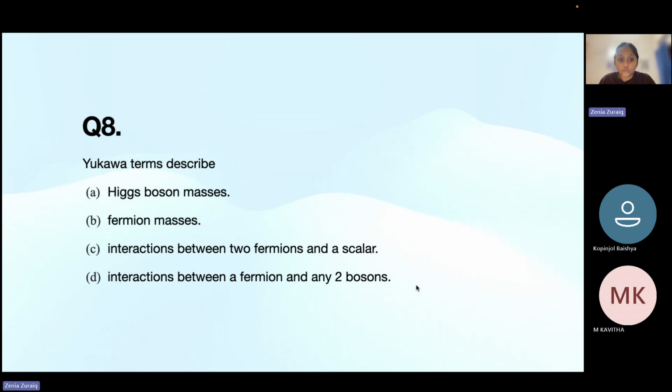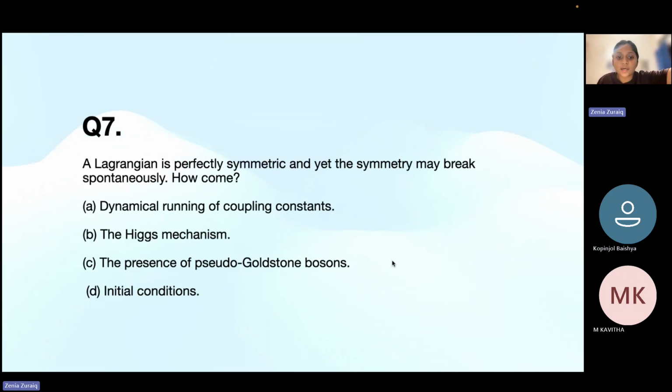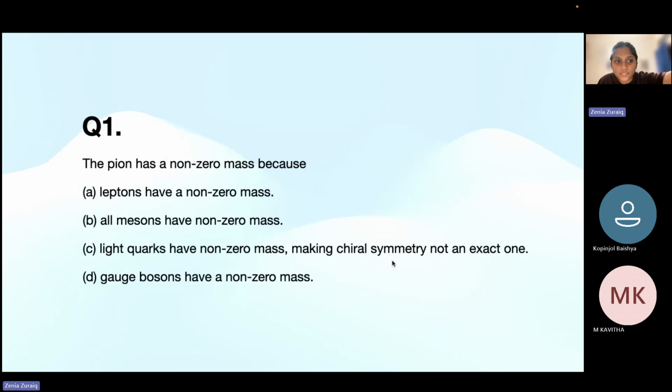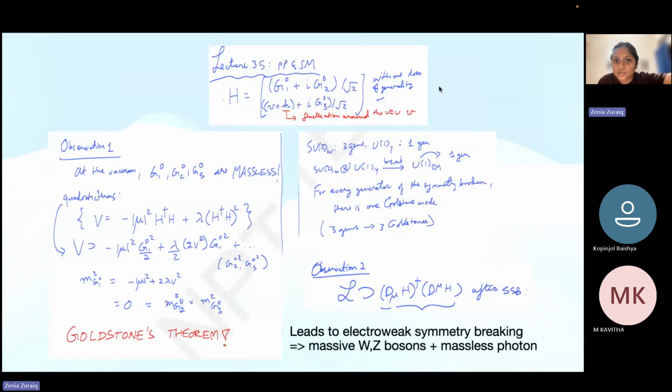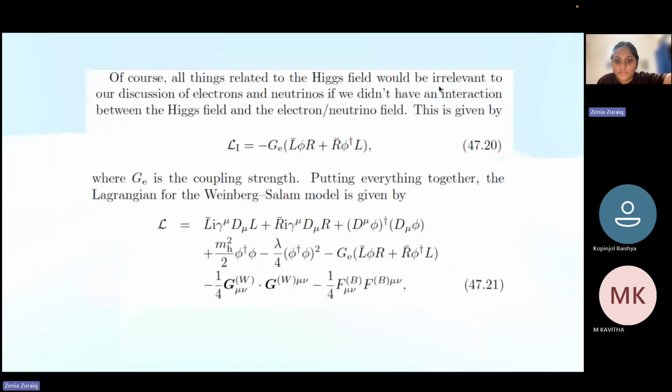So no, Yukawa terms is something specific, which is the interaction between two fermions and a scalar. In other words, they are basically all these terms, right? One sec, let me just go back. So when we wrote the Higgs, we wrote these extra terms which are basically fermion, scalar Higgs, fermion, etc. So these are the Yukawa terms.